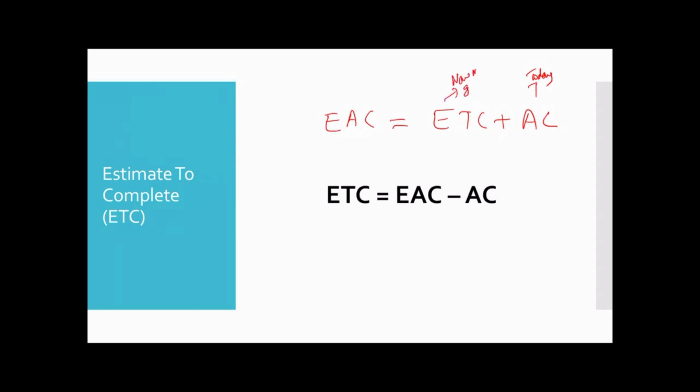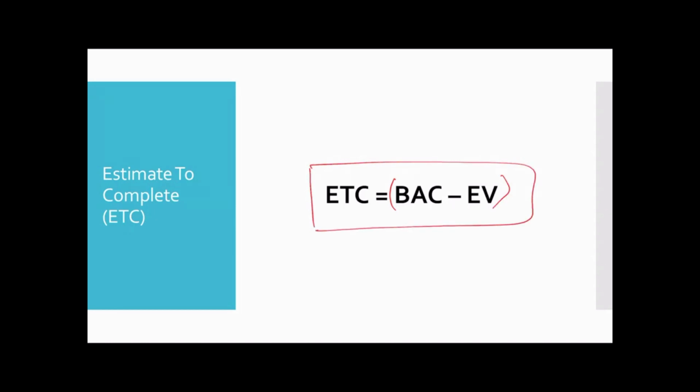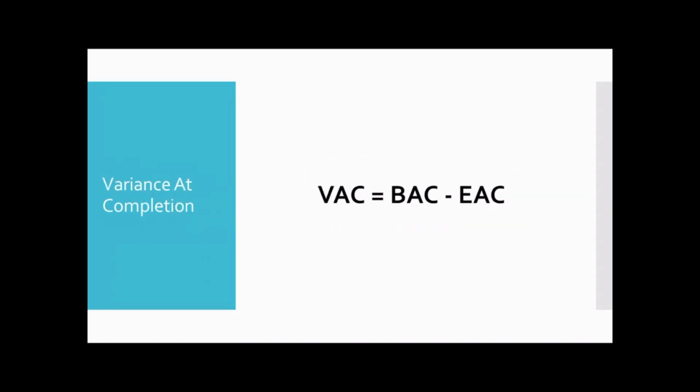So if you rearrange that, you get estimate to complete is equal to estimate at completion minus actual cost. Okay, good. So estimate to complete is again, as I told you, the unknown budget or the work remaining, budget at completion minus the earned value.